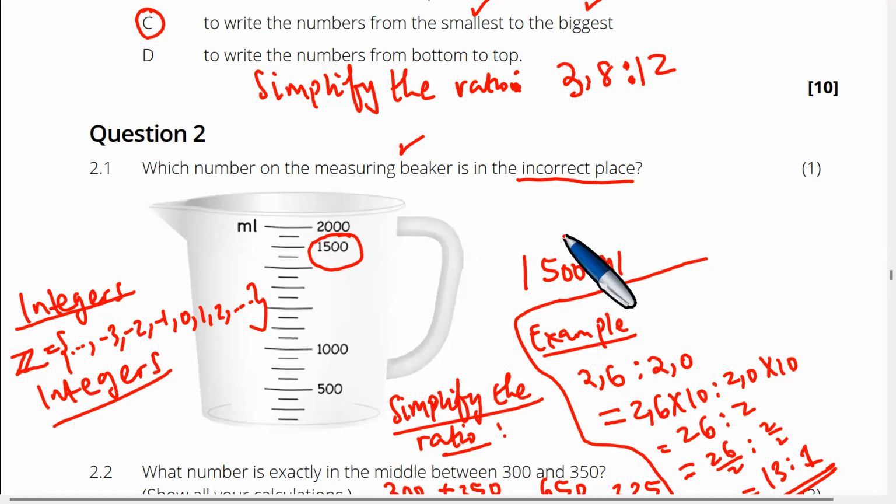What is this simplified ratio? I'm giving you like a minute. What do you think the answer is to that one?